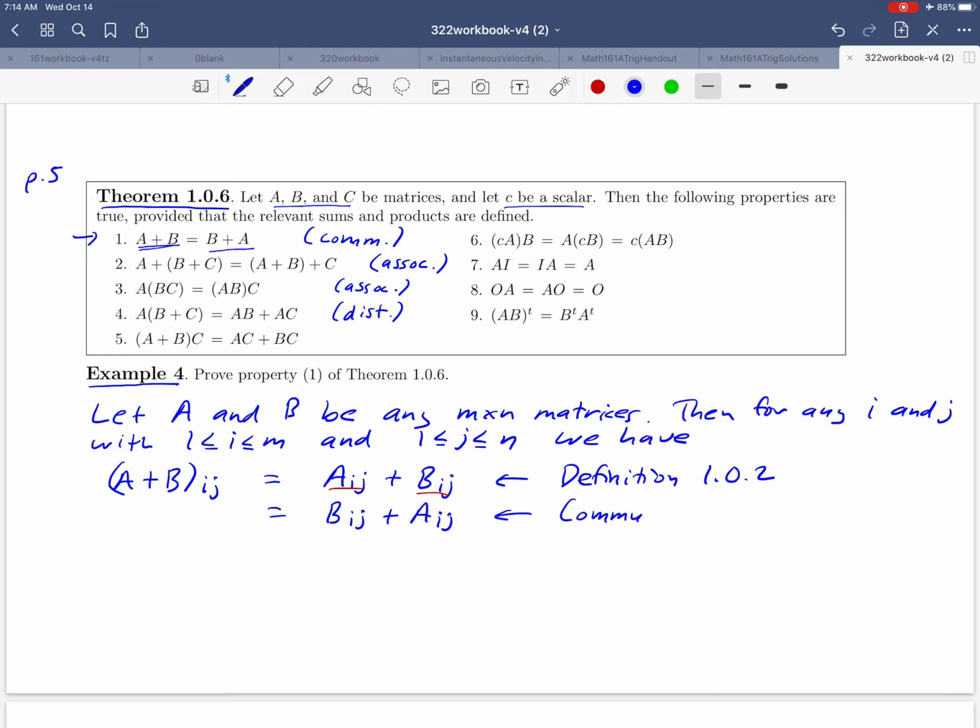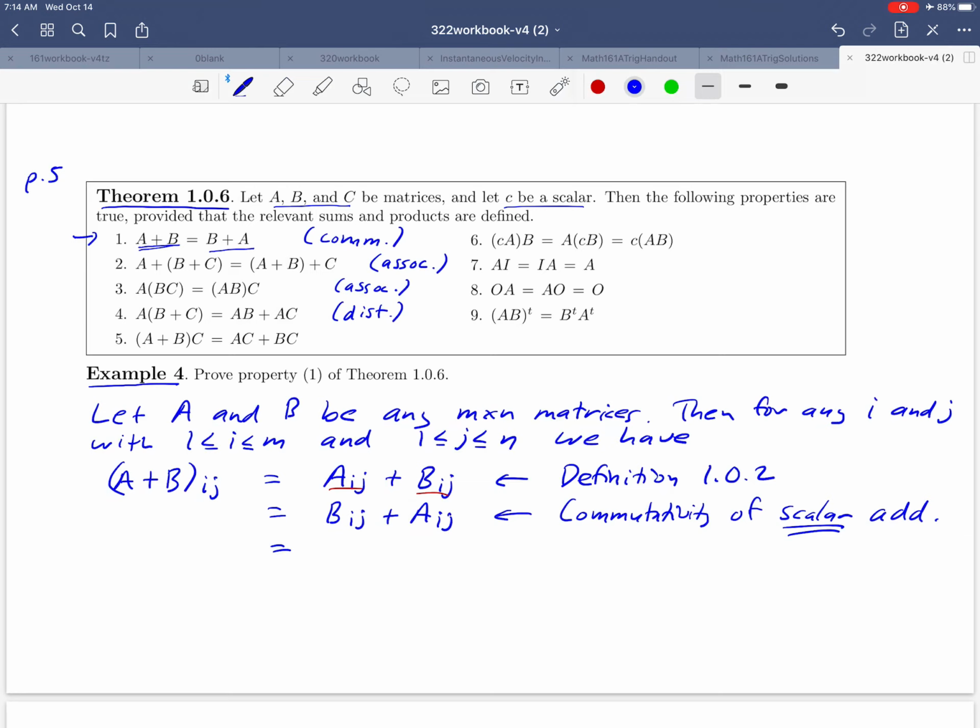So if we want to give a reason here, we could just say commutativity of scalar addition. And I emphasize the word scalar. In this course, we'll assume the basic properties about the real numbers, so anything that you learned in your arithmetic class about ordinary real numbers, you can use in here.